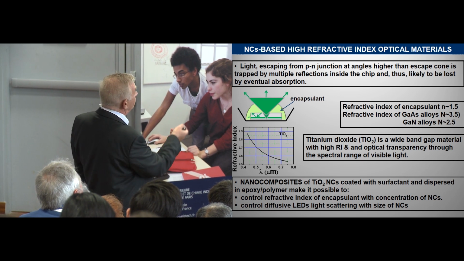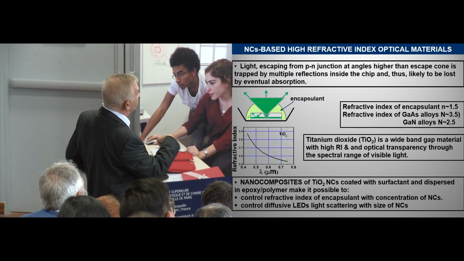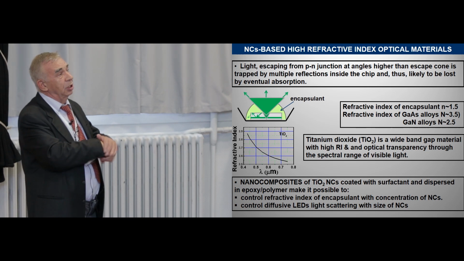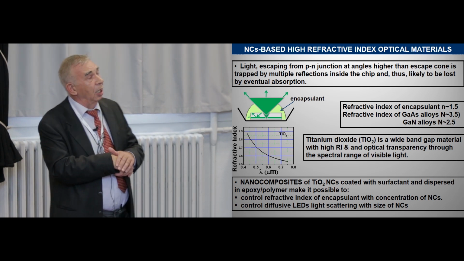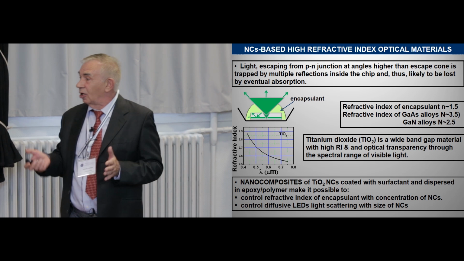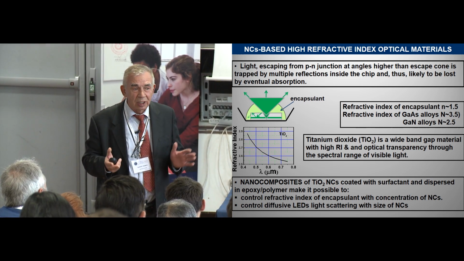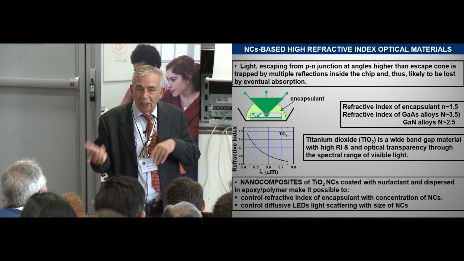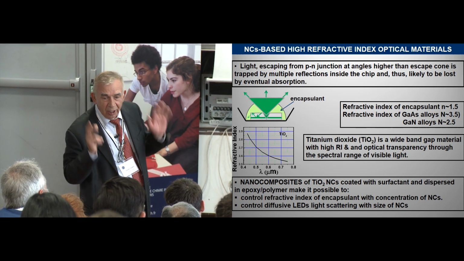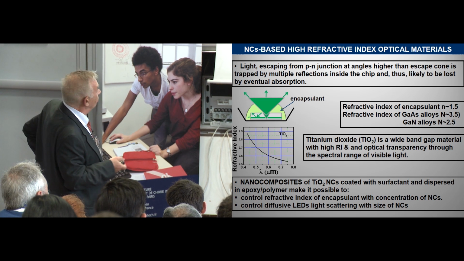And how to do it? It's what's called a nanocomposite, which actually means that nanocrystals of something with a high refractive index are dispersed in some polymer, silicone, epoxy, whatever. Many things can be used.